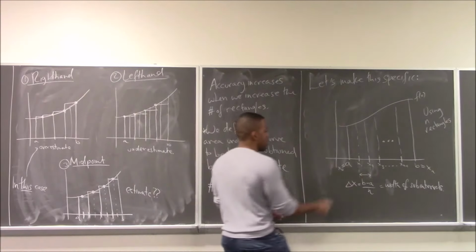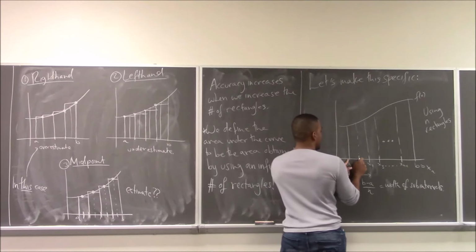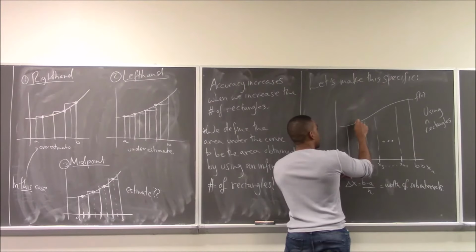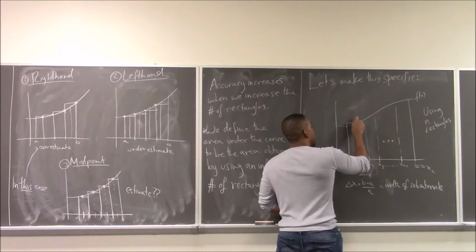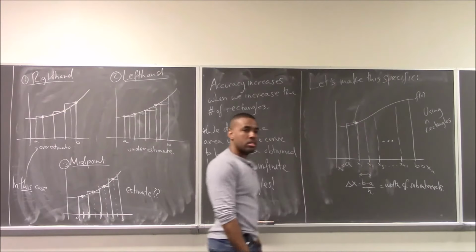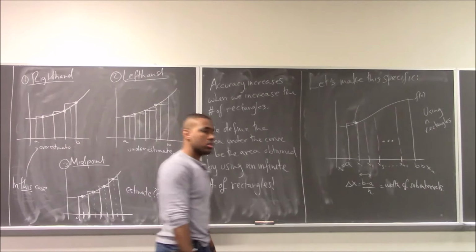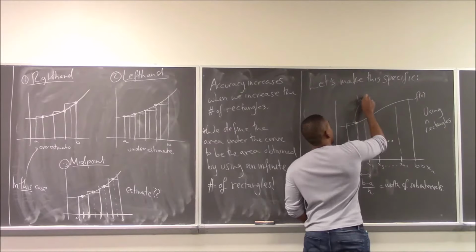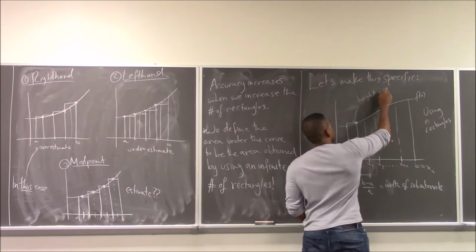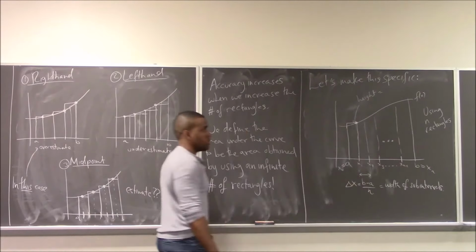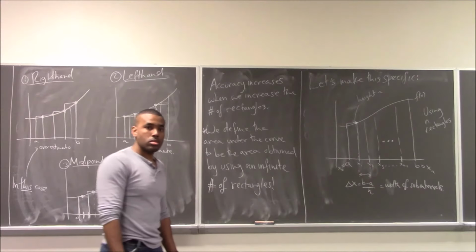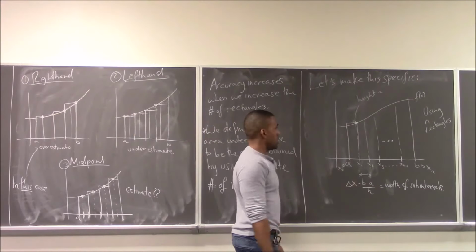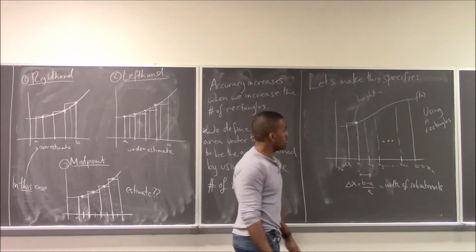Now let's say, for example, for this rectangle, I'm using the right side and I'm touching the curve. How can I find the height? What is the point on the curve? If you know the equation of the curve, you just plug in x.